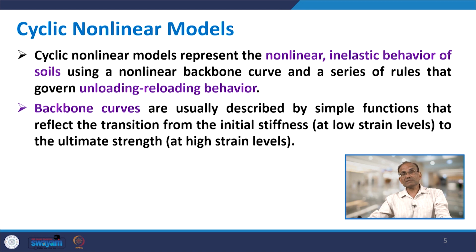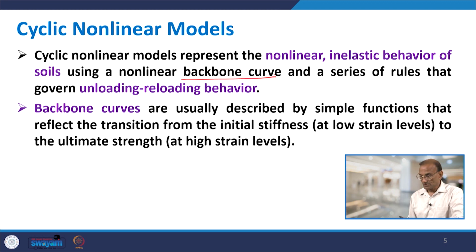So, let us start from cyclic nonlinear models. Cyclic nonlinear models represent the nonlinear inelastic behavior of soils using a nonlinear backbone curve and a series of rules that govern unloading and reloading behavior. What is a backbone curve? We already discussed. In the backbone curve you have kind of an S curve, which is basically, when we talk about equivalent linear models, you have to draw the backbone curve.